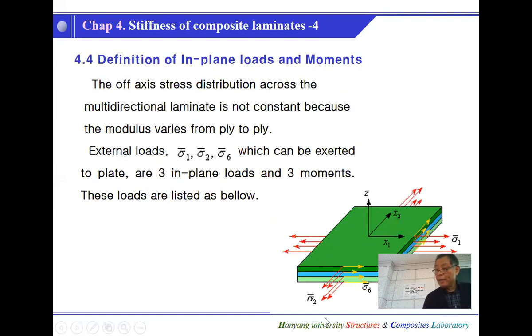Okay, and this one, as you can see, is a laminate. And each ply, please pay attention to this line. Each ply, you have this stress, and that stress, and that stress, and that stress. Well, variation-wise, there are no rules which control stress distributions.